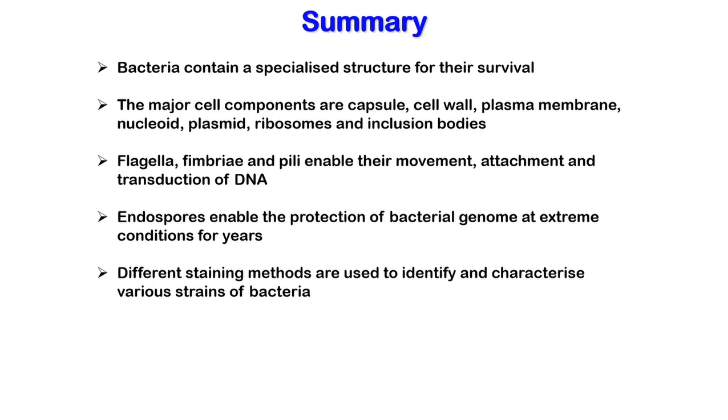We've also learned about the sporulation process and why spores are so vital for the survival of certain bacteria, and also why they're so hard to destroy. And we've also learned about different staining methods used to identify and characterize bacteria, including gram staining in more detail.